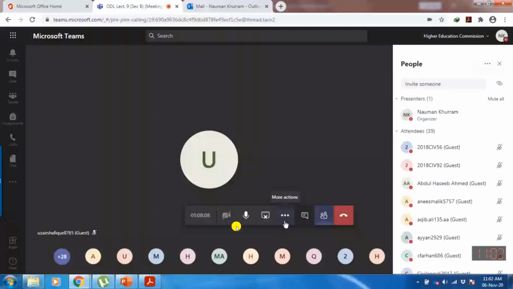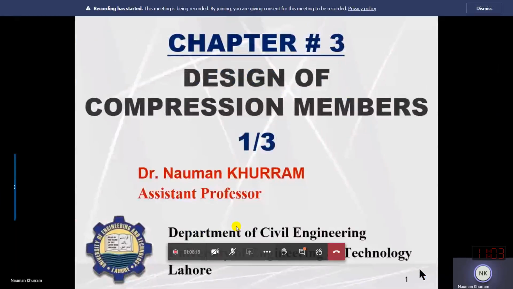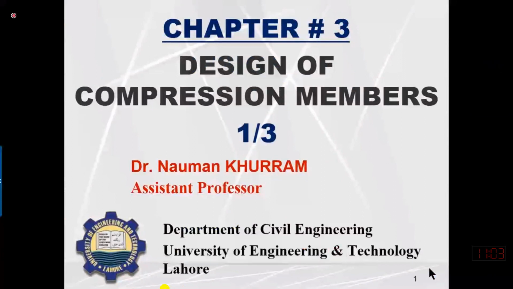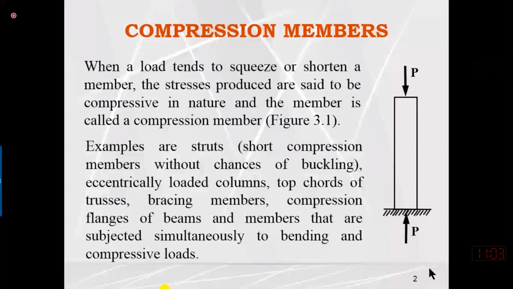Okay, Bismillahirrahmanirrahim. So dear students, now we will start a new topic, design of compression member. First of all, we need to study what a compression member is. A compression member is also a line element which is subjected to axial forces. Axial forces acting towards the body are the forces which are shortening the body or tend to shorten the member.